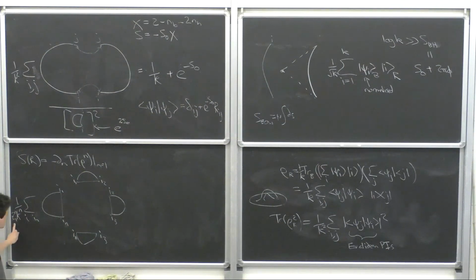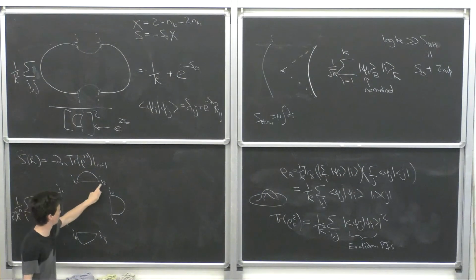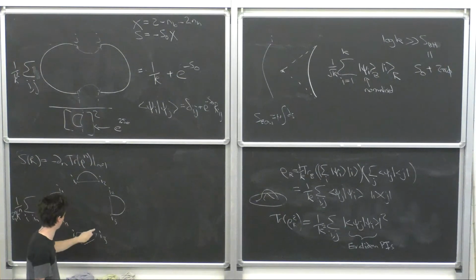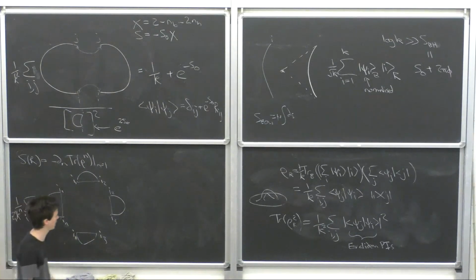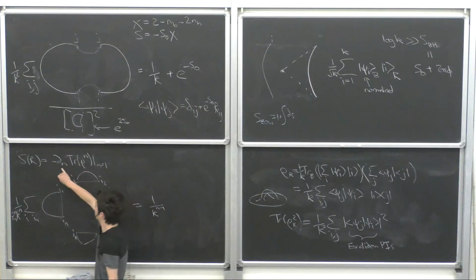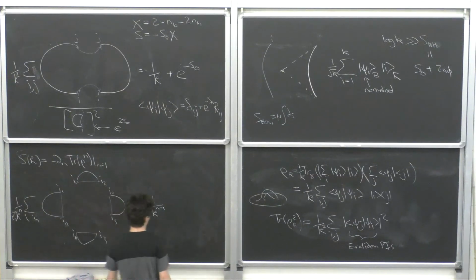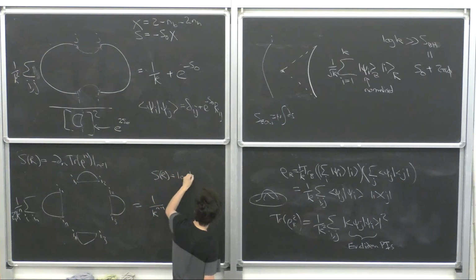So that goes away. But we also have that I1 is equal to I2, I2 is equal to I3, I3 to I4, and so on all the way around to n. So this sum over n degrees of freedom just gives us one factor of k. This gives us 1 over k to the n minus 1, exactly. That's an analytic formula in n, so we can continue it, take the derivative at n equals 1, and we get S_R equals log k.